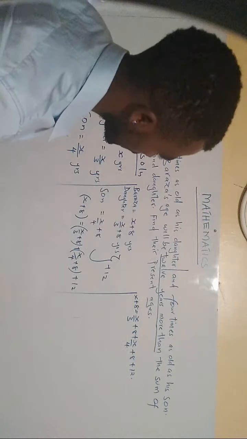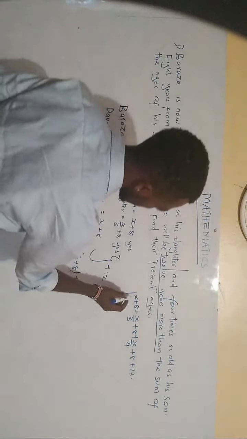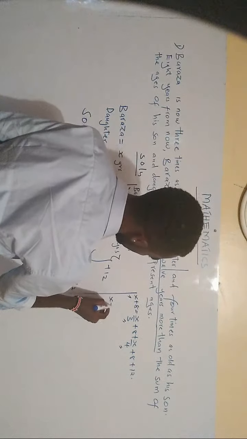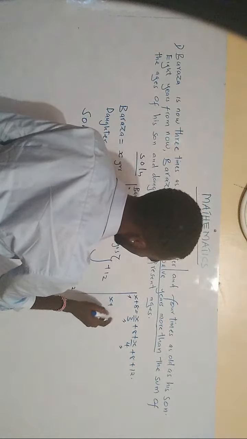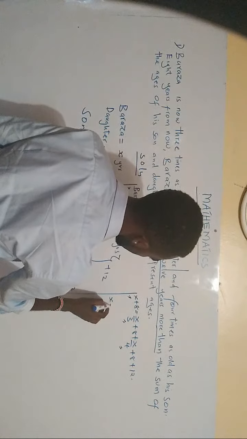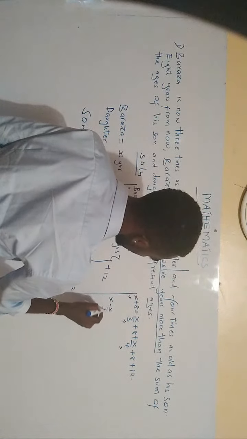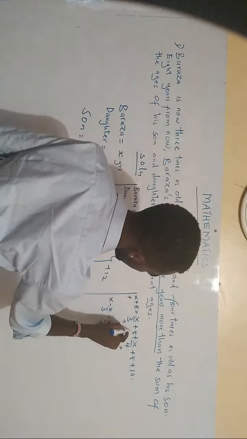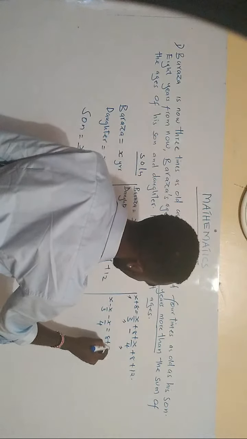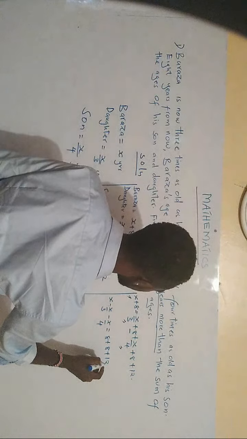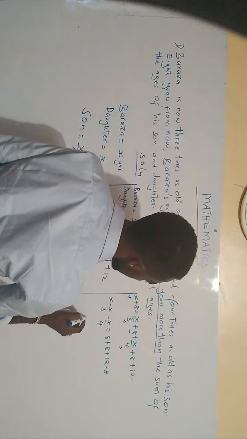The like terms of x: x minus x out of 3 minus x out of 4 is equal to 8 plus 8 plus 12 minus 8.